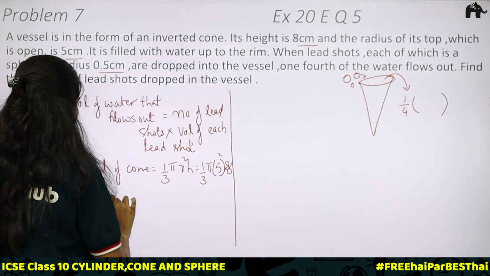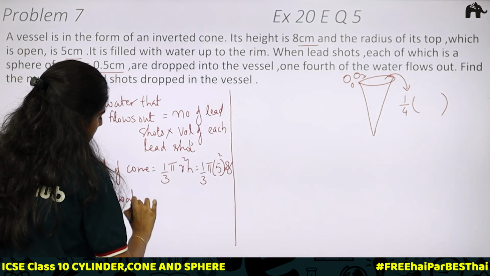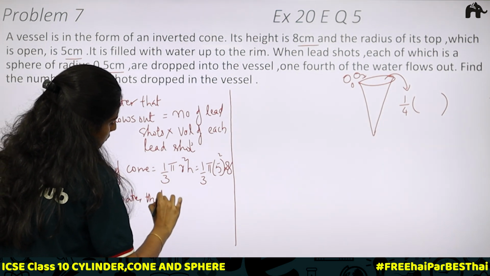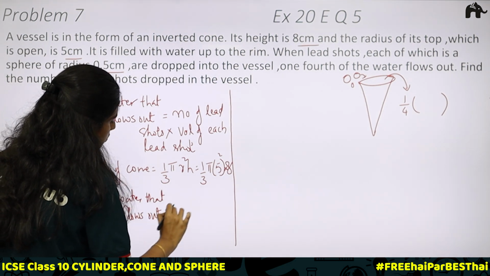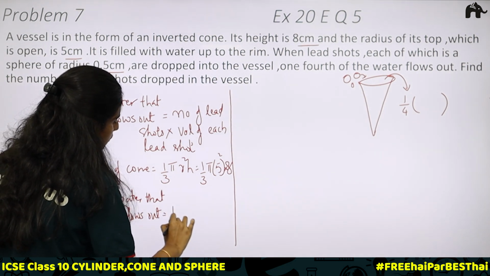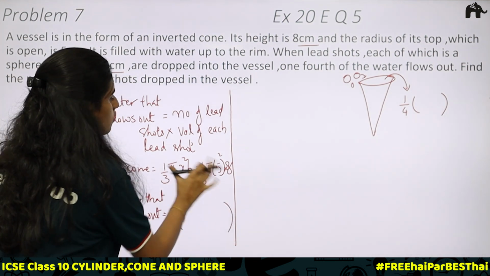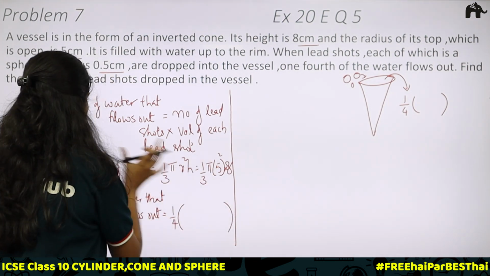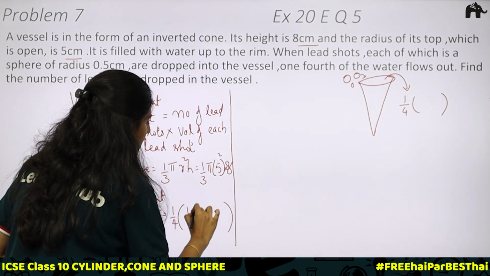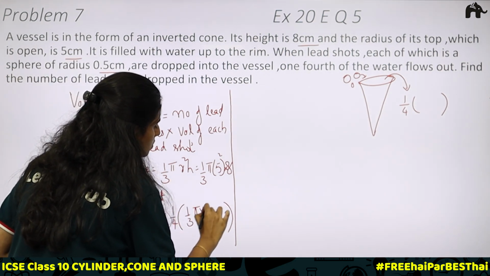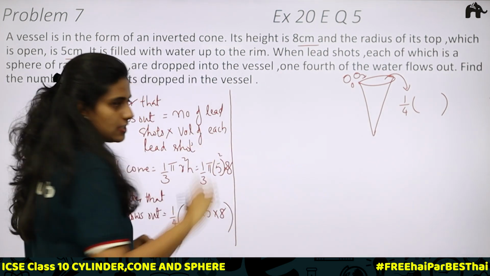So the volume of water that flows out is equal to 1/4 of this volume. Yes, 1/4 the volume of water in the cone, 1/3 pi into 5 square into 8.